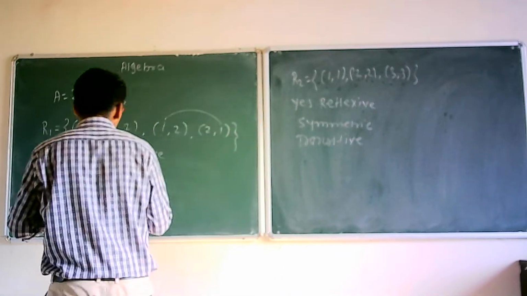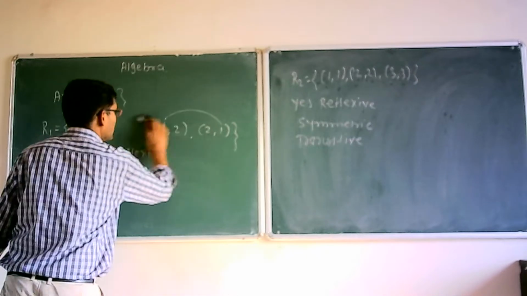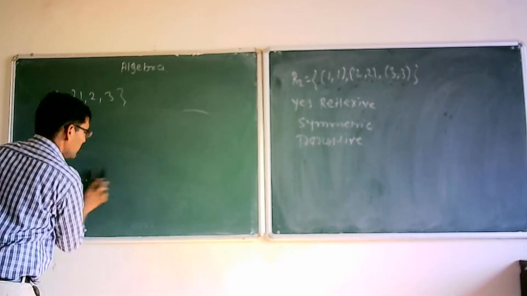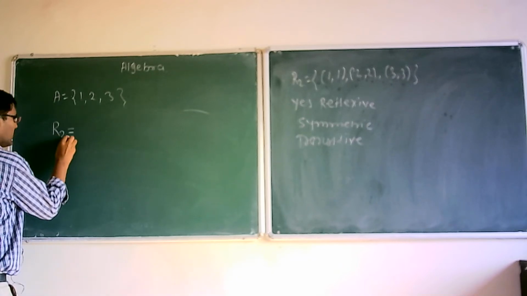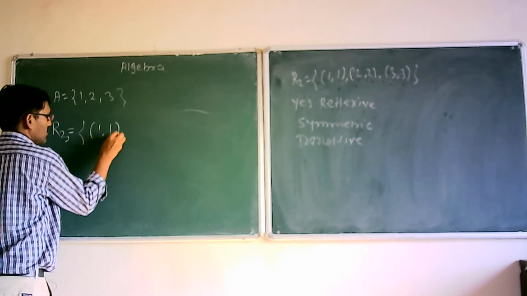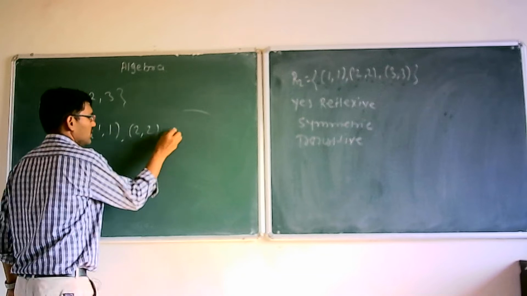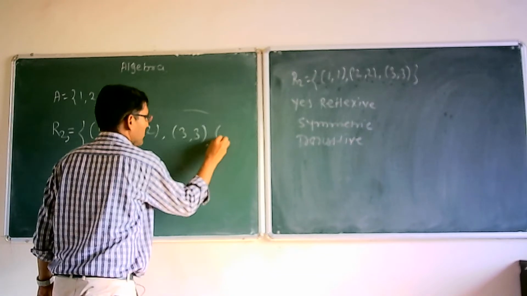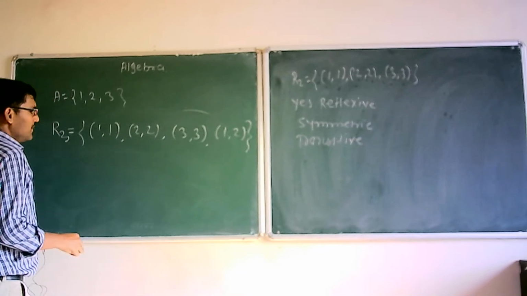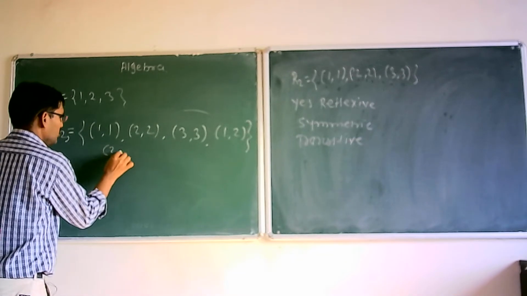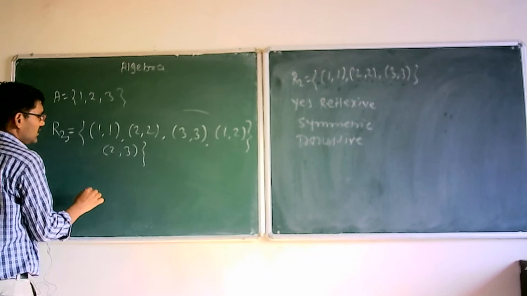Take one more example. Suppose R3 is equal to {(1,1), (2,2), (3,3), (1,2), (2,3)}.